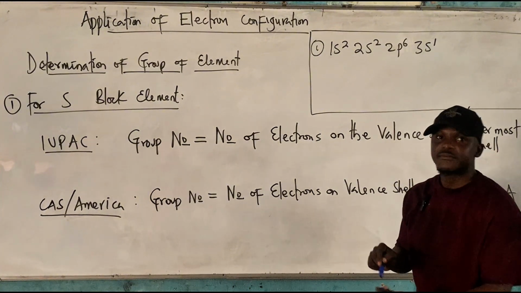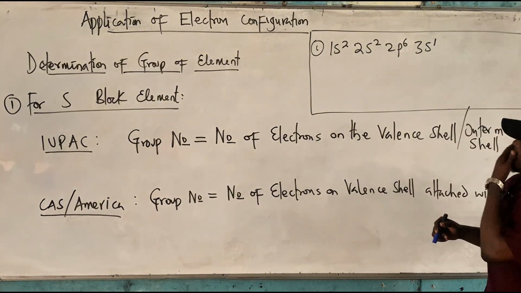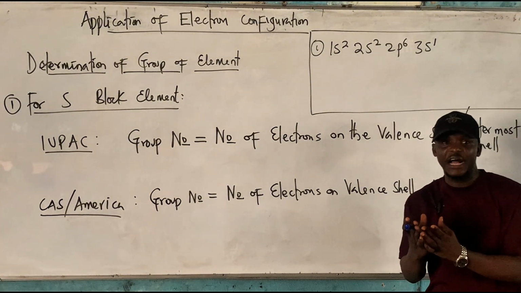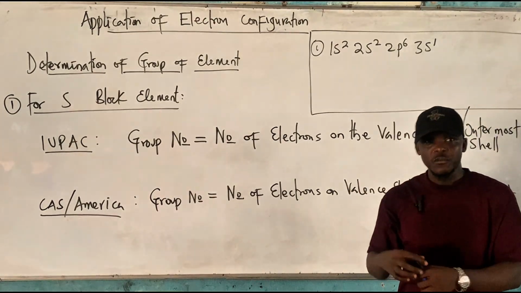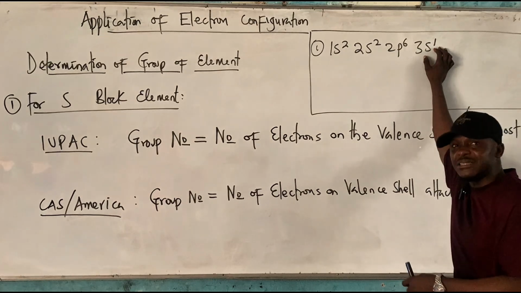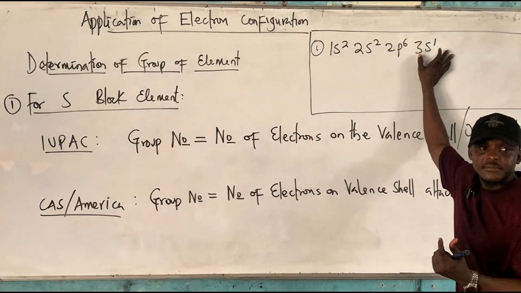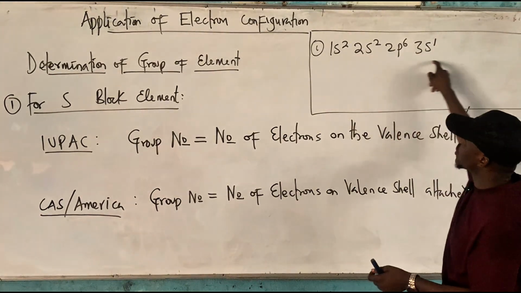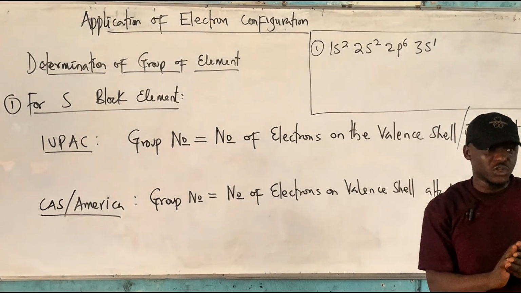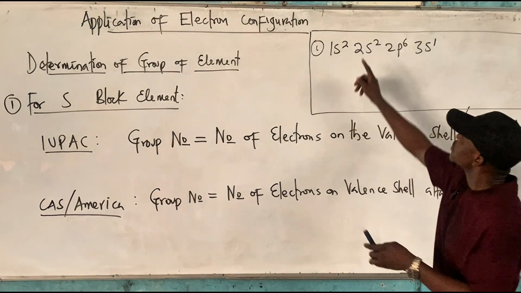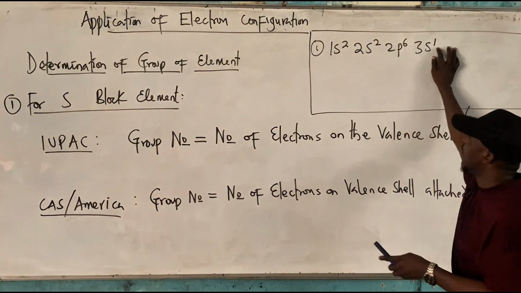I told us yesterday that to identify which block an element is in, it is the orbital that receives the last electron. Now, whichever atom has this has 11 electrons, which is atomic number 11. This is 2, 4, 10, and 1.